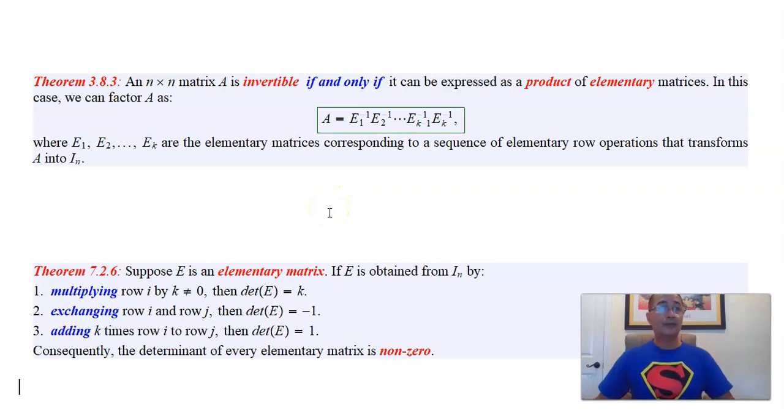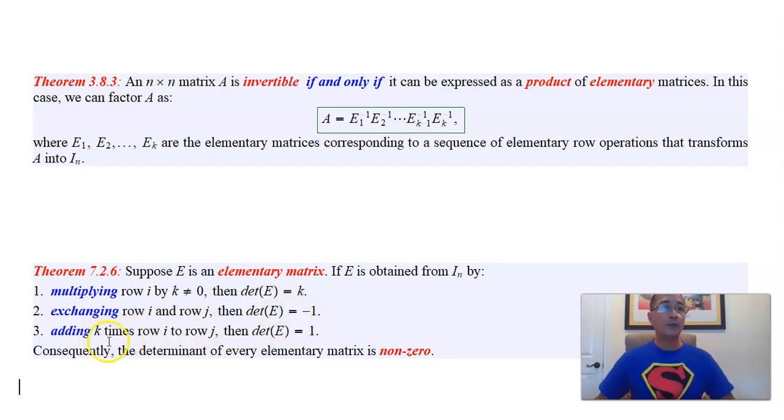For our next theorem that we are reviewing, if you have an elementary matrix E and you obtain E from the identity by multiplying one row of the identity by K, then the determinant of that elementary matrix is just K. If you obtain E by swapping two rows of the identity, then the determinant of that elementary matrix is -1.